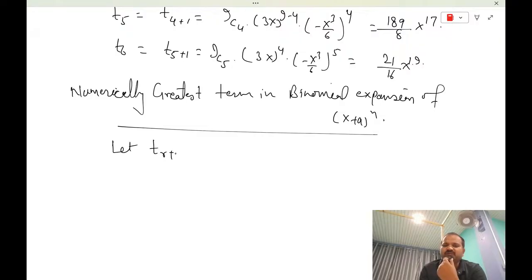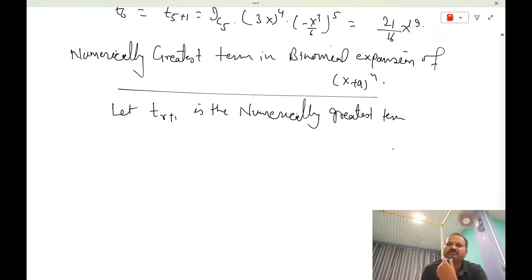Let T r plus 1 be the numerically greatest term. We have assumed the general term T r plus 1 is the numerically greatest term. So T r plus 1 divided by T r should be greater than or equal to 1.